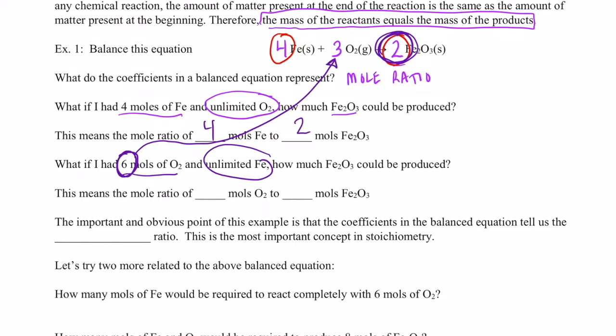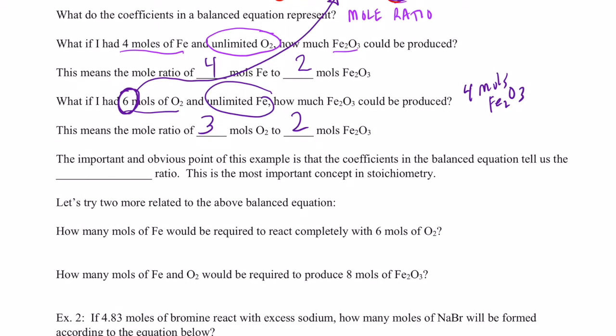Absolutely. So I could end up making 4 moles of Fe2O3. What this tells us is that there is a ratio of 3 moles of oxygen to 2 moles of Fe2O3. The important and obvious part of this example is that the coefficients in the balanced equation tell us the mole ratio. That's the most important concept in stoichiometry.